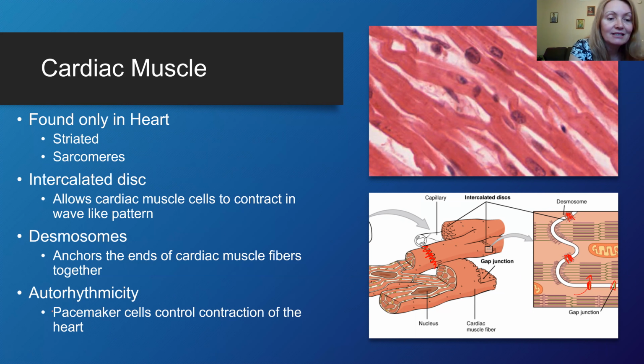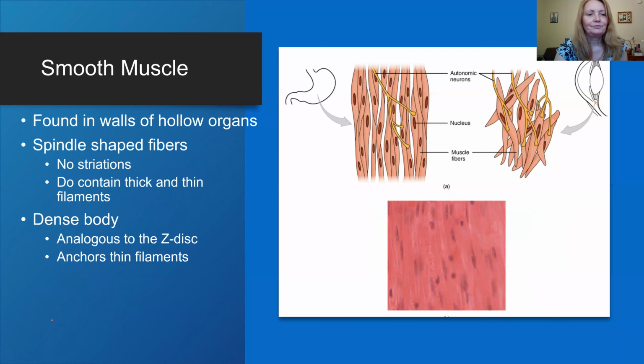So instead of the nervous system, you have pacemaker cells. Pacemaker cells are going to do the same job that your nervous system does for your skeletal muscles. For skeletal muscles to contract, you need to receive a signal from your neurons. For cardiac muscles to contract, you need to receive a signal from pacemaker cells.